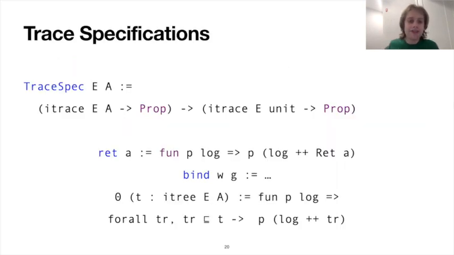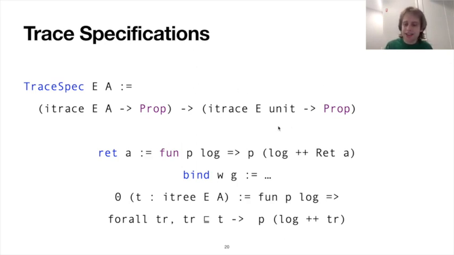So now that we have our I-traces, we can talk about the trace specification monad. So first we have to talk about how we're really viewing I-trees for this specification monad, and we view I-trees, again, as a sort of set of I-traces. And so when you evaluate an I-tree, you actually get one particular I-trace out, and you do this in the presence of an initial input log, represented by this I-trace E unit here.